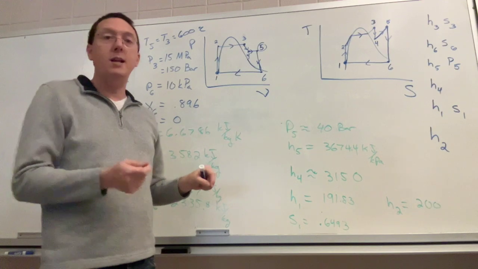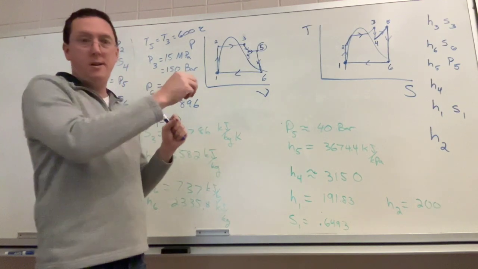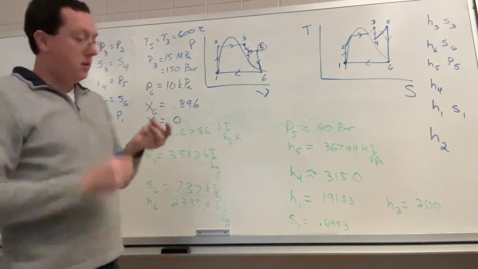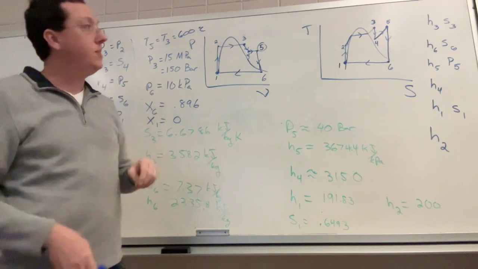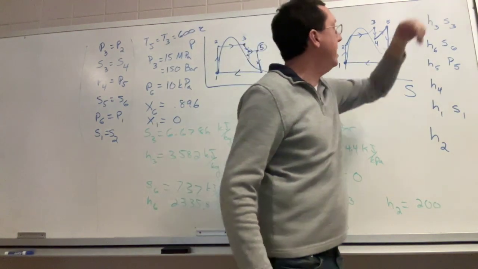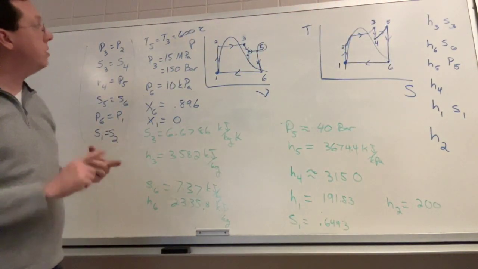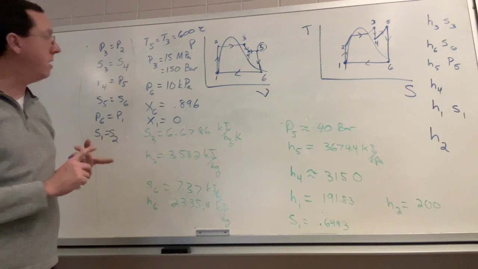On top of that, you may need to find other numbers so that you can map your way around the tables, and again, you need 2 numbers for each state. So I suggested starting with state 3 because we knew a lot there: a temperature and a pressure, 600 degrees Celsius and 150 bar.